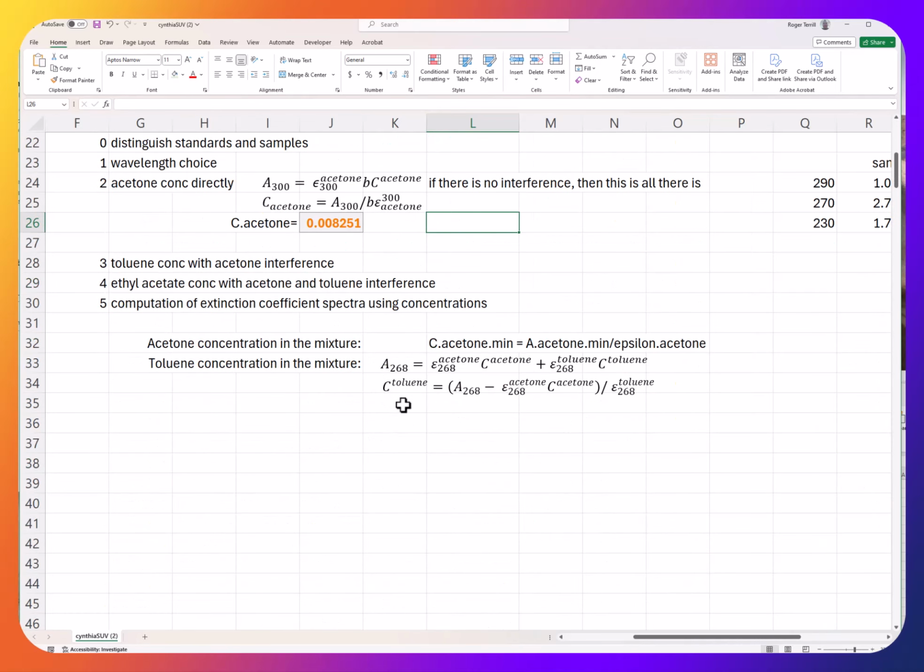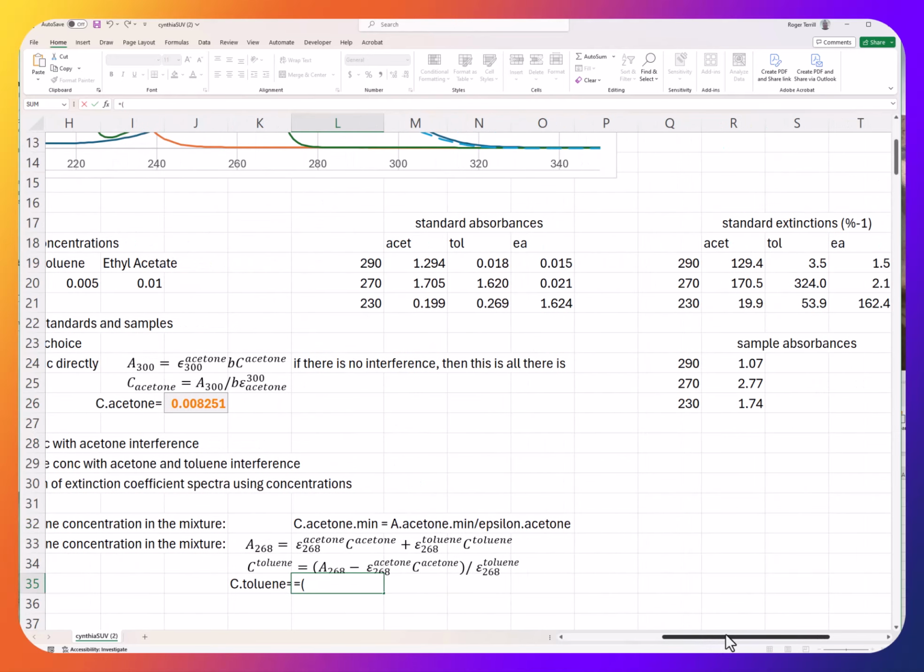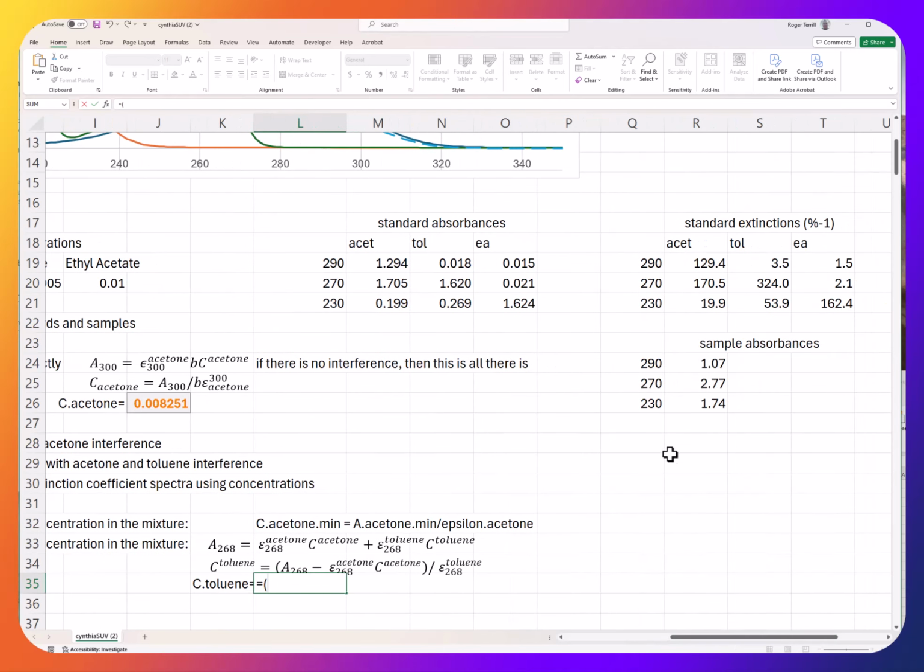So we're going to say that C toluene equals A268 for the mixture, that guy, 270, minus epsilon for acetone, C acetone. So this is going to be epsilon acetone at 268 times concentration of acetone.